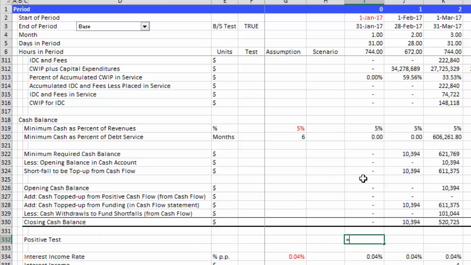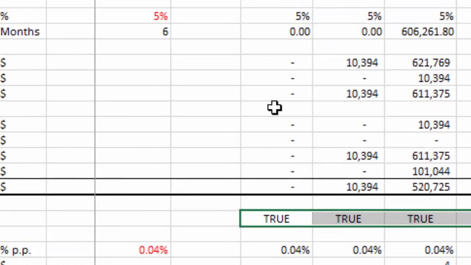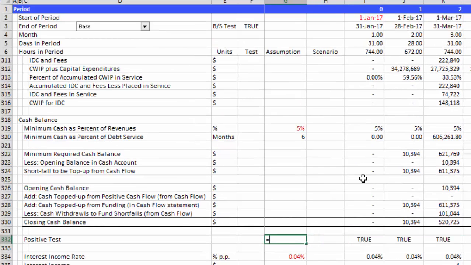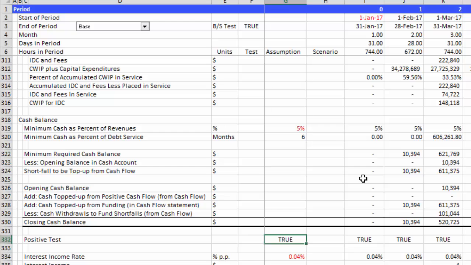Let's just make sure this is greater than some really little number. Okay. And then we want to see again whether all of these things are true.